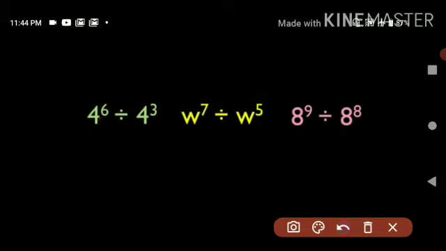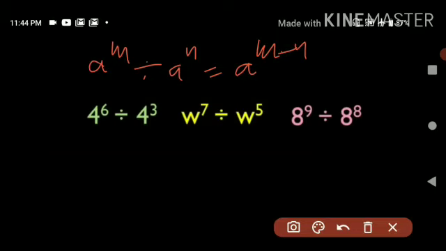Now here we have some problems related to this. This is on the basis of the second law, that is a raised to the power m divided by a raised to the power n is equal to a raised to the power m minus n. So here we can write down 4 raised to the power 6 minus 3, which is equal to 4 raised to the power 3.